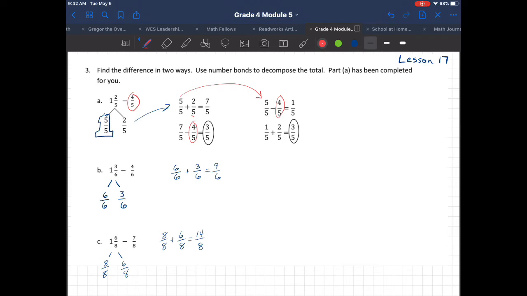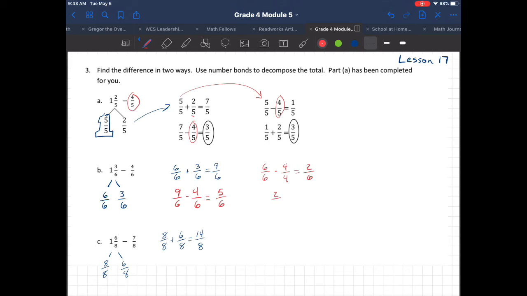So I already did the decomposing, 6, 6, and 3, 6. So 9 sixths, the same as 1 and 3 sixths, minus 4 sixths would equal 5 sixths. And if we do it that other way they did it, we could take 6 sixths, the 1, subtract the 4 sixths, get 2 sixths.